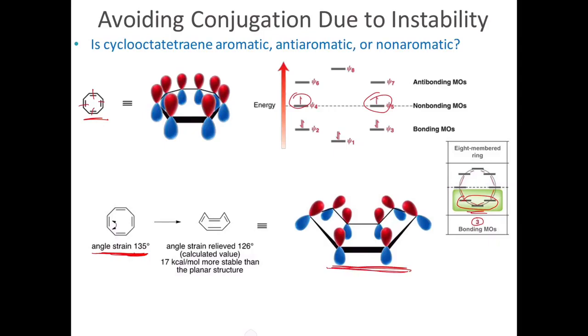So the tub-shaped compound, in this case, is not on the same plane, so there's no way for the electrons to be delocalized around the ring. So this compound is non-aromatic. How can you predict that? You can use a molecular model. If you're not able to access a molecular model, at least you need to know the ones that we have discussed. Okay?